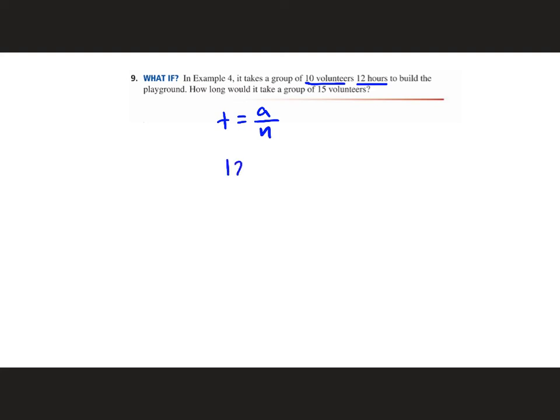So we have 12 is equal to a over 10. How do we solve for a? Multiply 10 on both sides. So we get a is equal to what? 120. So we have t is equal to 120 over n.